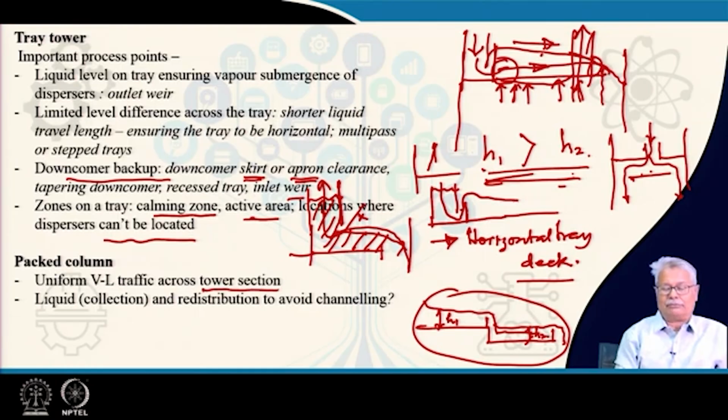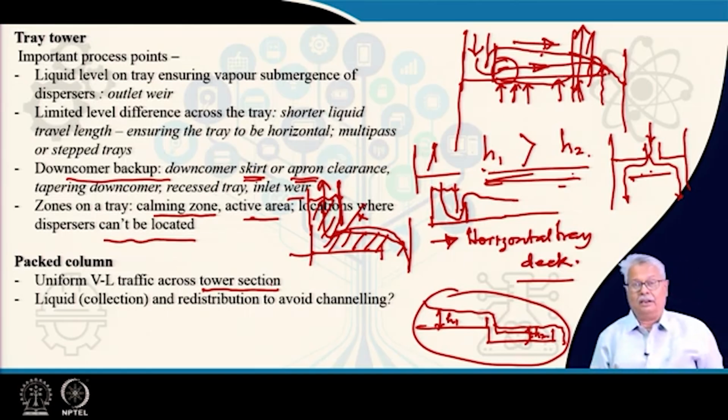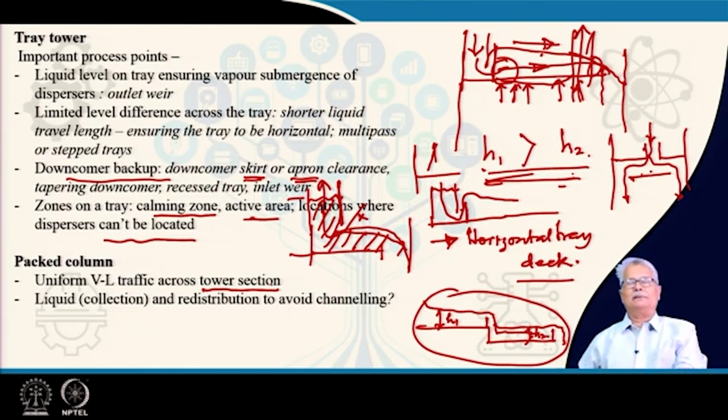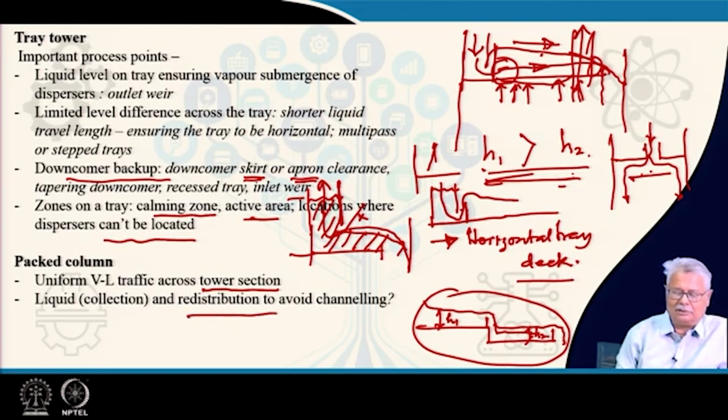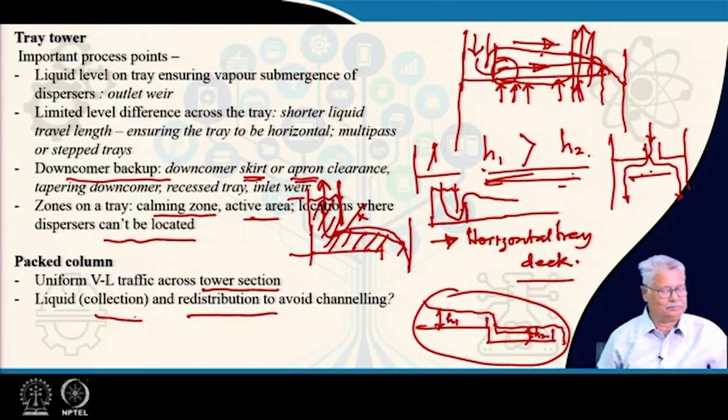We would like to avoid channeling for the vapor as well as the liquid stream. Vapor channeling is not very common, but channeling of liquid is, and so we definitely have to think about the redistribution and collection of the liquid in case of packed column.